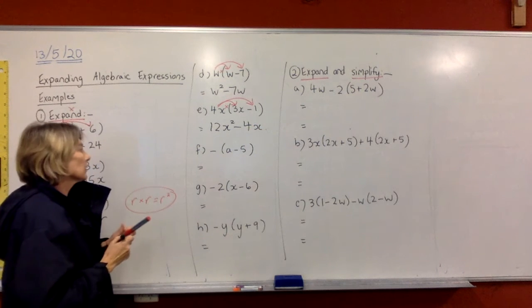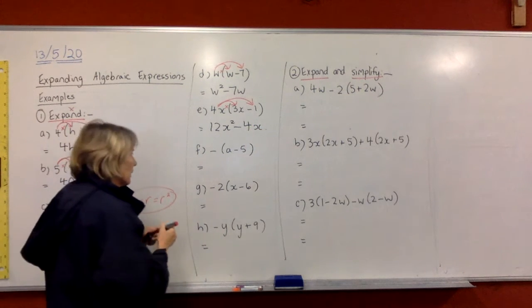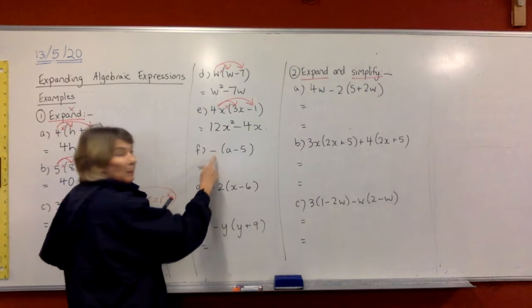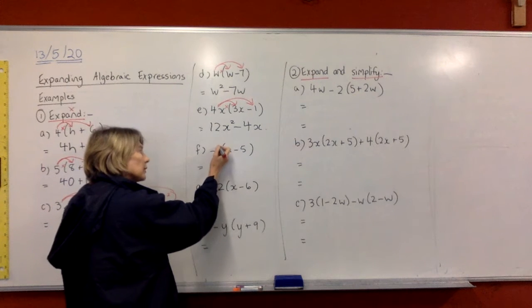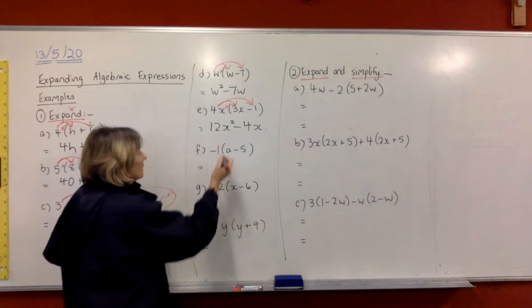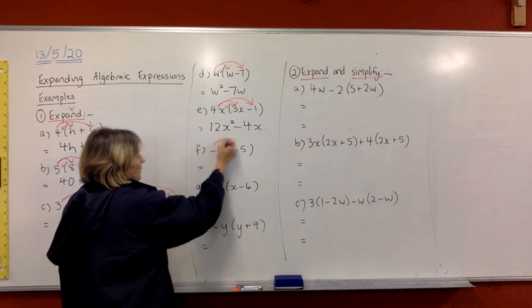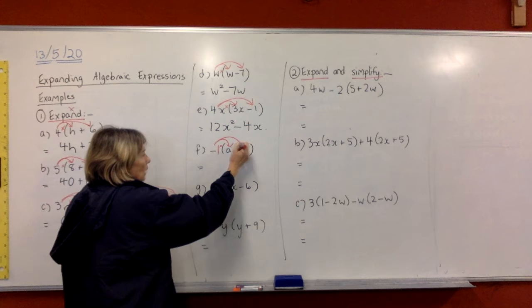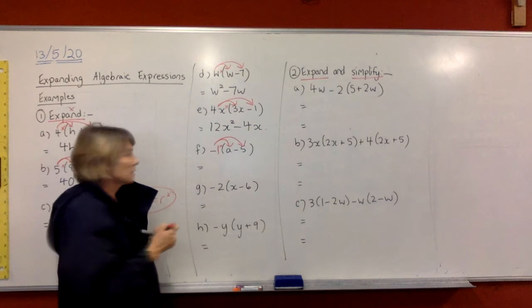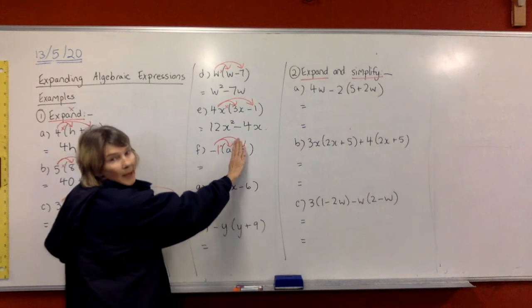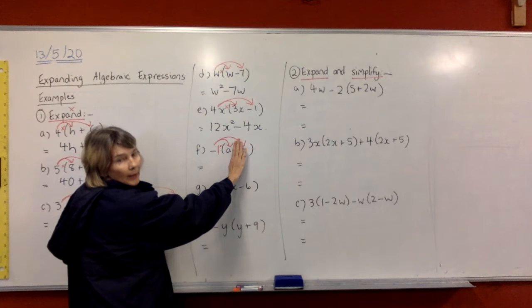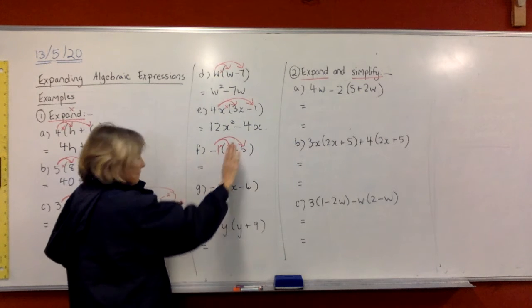Okay, so these ones have got some negatives in them. Just be careful with the negatives. There's nothing out here apart from a minus. So I think you're going to need to get your red pen and write a 1 in, as well as the times. So we're multiplying by minus 1 to everything in the brackets. So minus 1 times a is minus 1a, or just minus a.